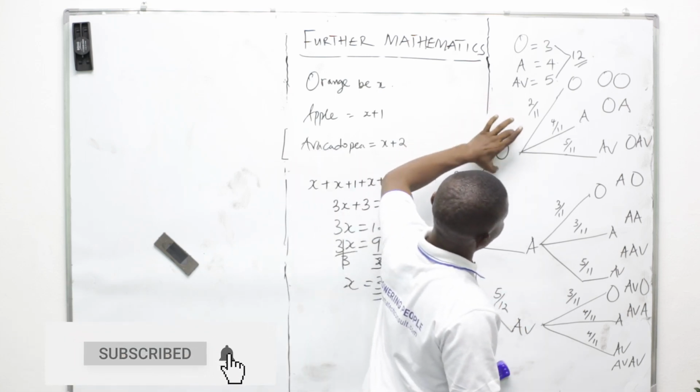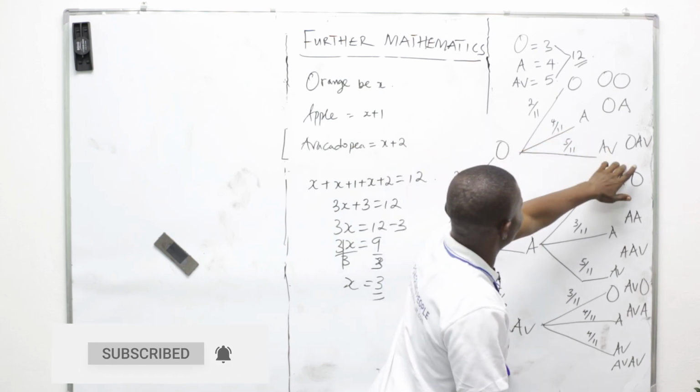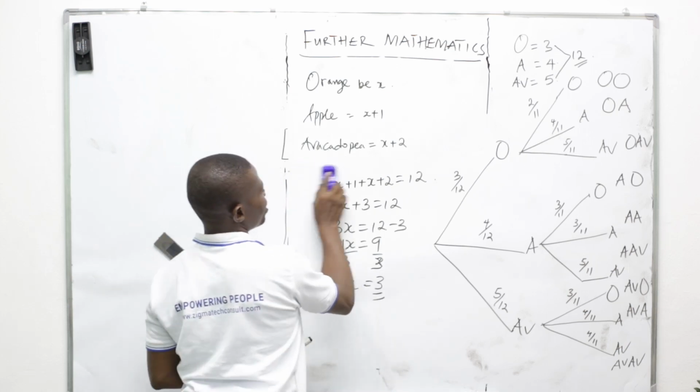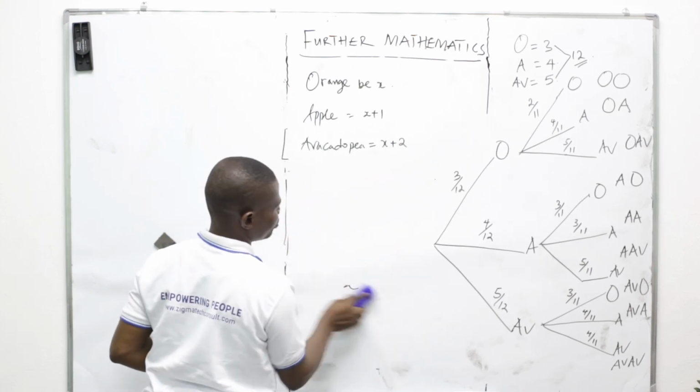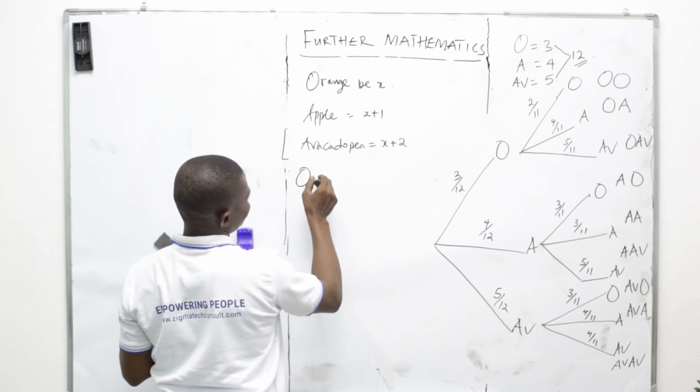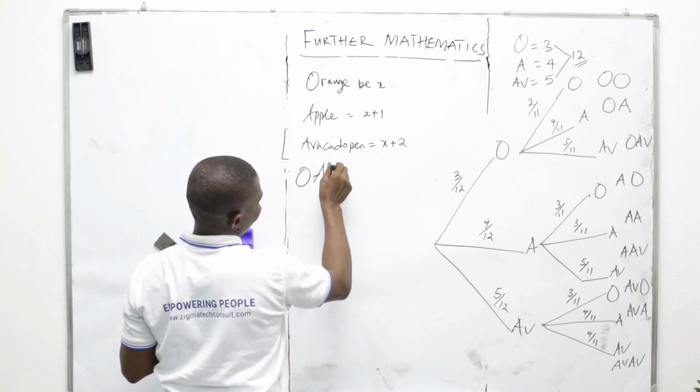Meaning, from here, first orange, second avocado pear.